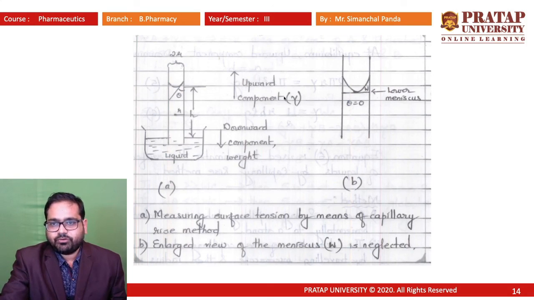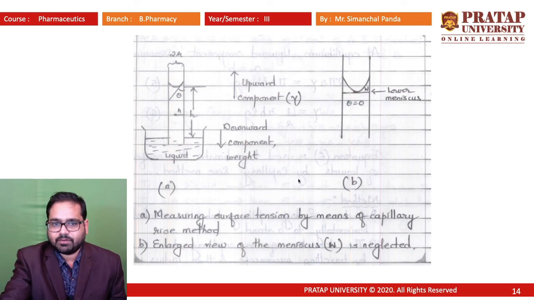There are two different types of forces to be studied: the upward component force and the downward component force. In the upper meniscus some amount of water is present. If the angle of contact is very small, it can be taken as equivalent to 0, and the lower meniscus behaves similarly.